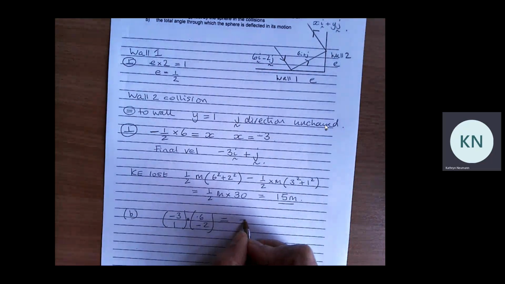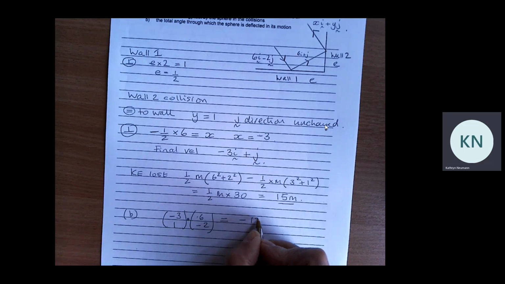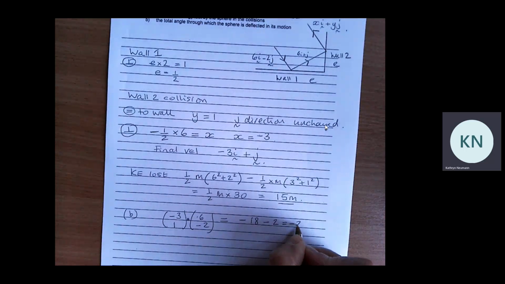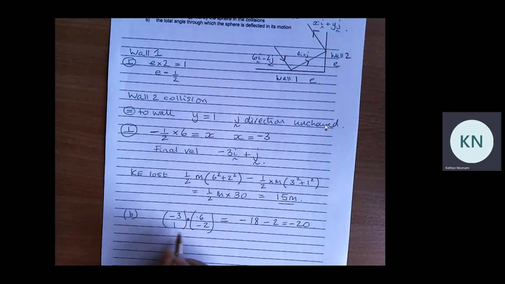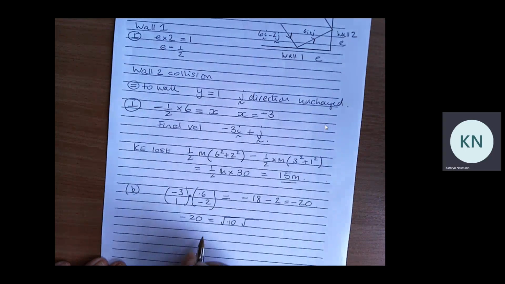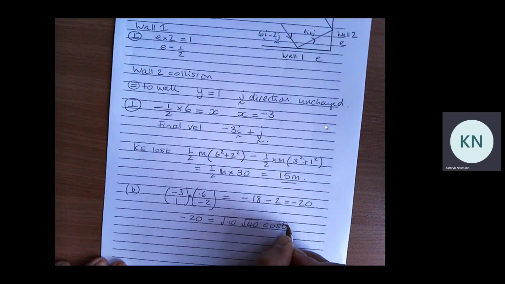is equal to minus 18 minus 2, which is minus 20. And then I'd work out the modulus of each of these. So I've got minus 20 is equal to square root of 10 times the square root of 40 times the cos of theta.